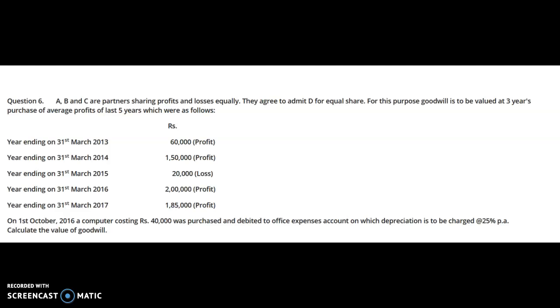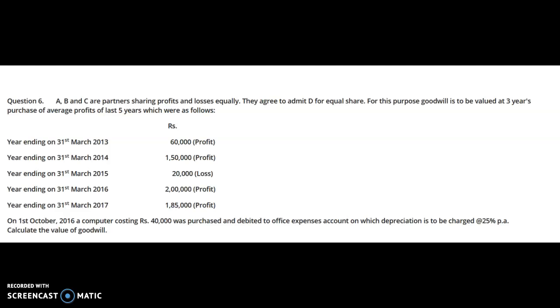So the result is that 35,000, being the net effect, is to be added back as the abnormal item, and then the normal profit comes out to rupees 2,20,000. Once again, by mistake, the purchase of an asset, because a computer is an asset, the cost of which was rupees 40,000, was debited to office expenses, which is not to be done.